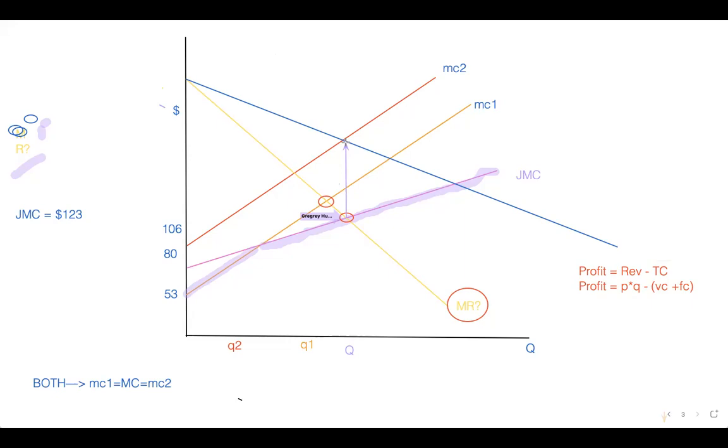MC2 is just still hanging out there. I could get rid of it if I wanted to, just to be clearer. Then once I find the height of the demand curve at that level of output, I can find the monopolist price over here.